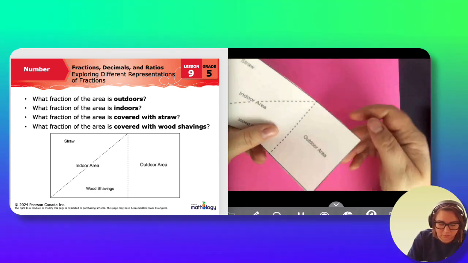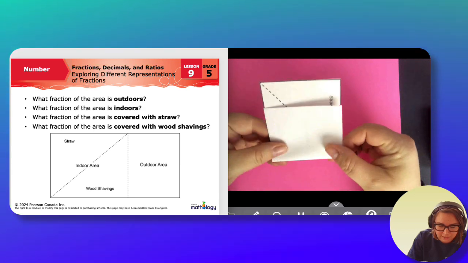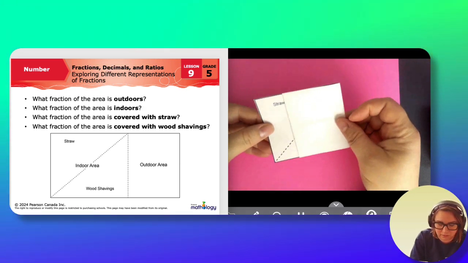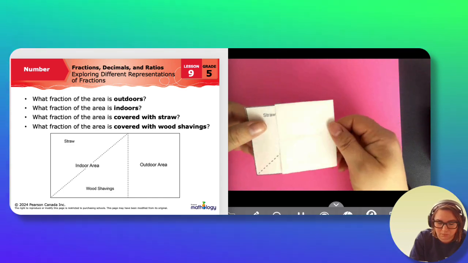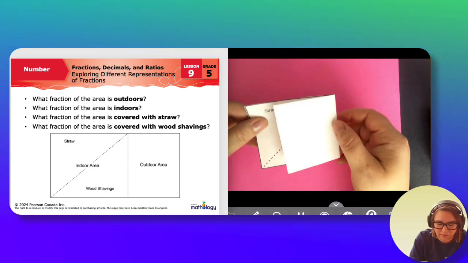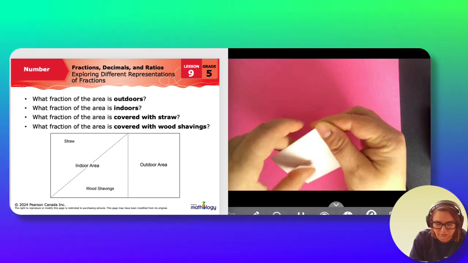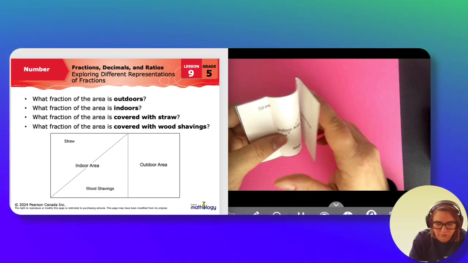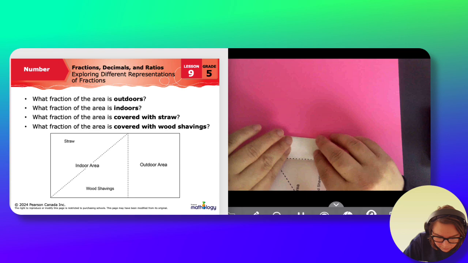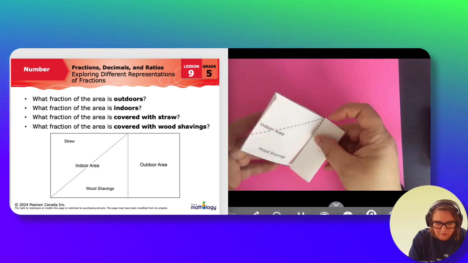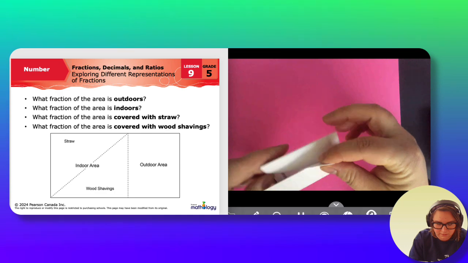For example, if I fold this outdoor area, I can see right away that it's not half. But it's also not a third. It's more than a third. It's less than a half. So what fraction is it? How can I use folding strategies in order to figure out what fraction this is? I wonder if I could fold that in half again. And are these two pieces equal?